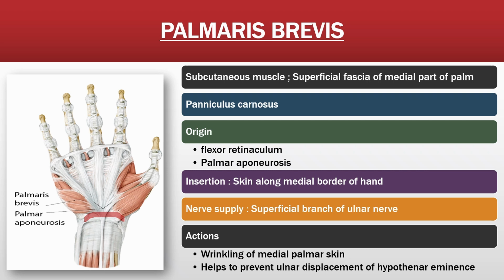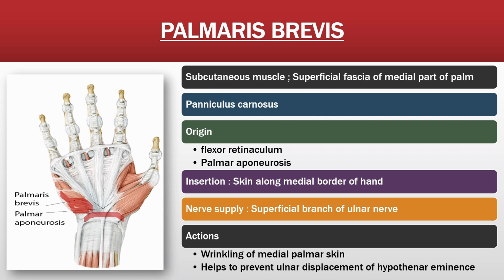So you have the platysma muscle. Then in the palm you have the palmaris brevis. This is also an example of panniculus carnosus. Then in the scrotum you find a dartos muscle, which is the example of panniculus carnosus.